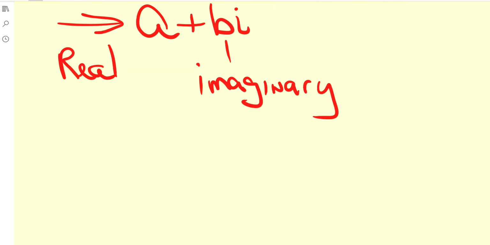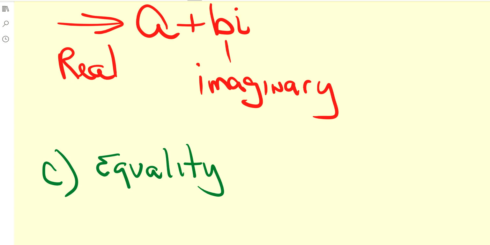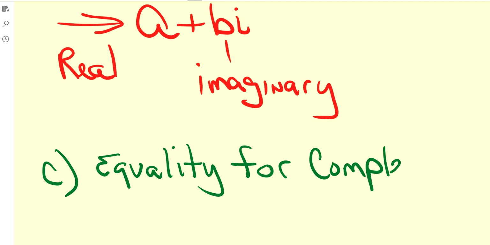Okay, then what we're going to talk about next is our objective C, which is, let me write it out here for us, the equality for complex numbers. What does that mean, equality for complex numbers?